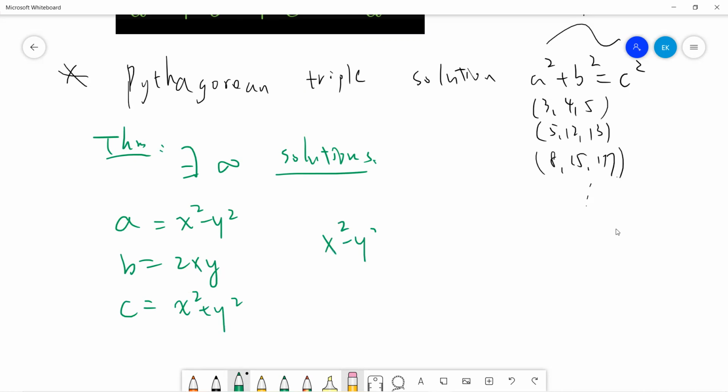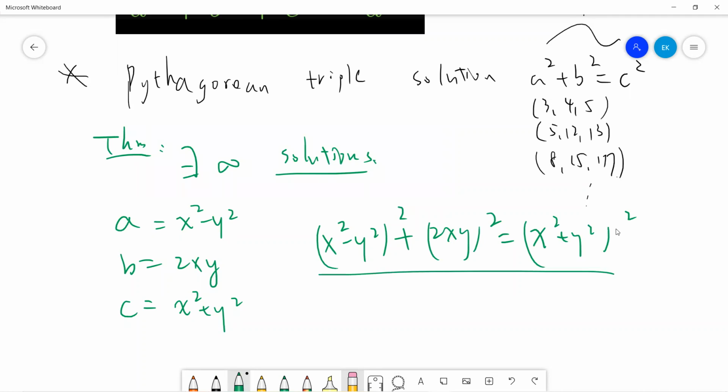You can easily prove this with elementary school algebra: you just square it and you get the result. So if you pick x and y to be integers, then definitely you will create infinite triples.